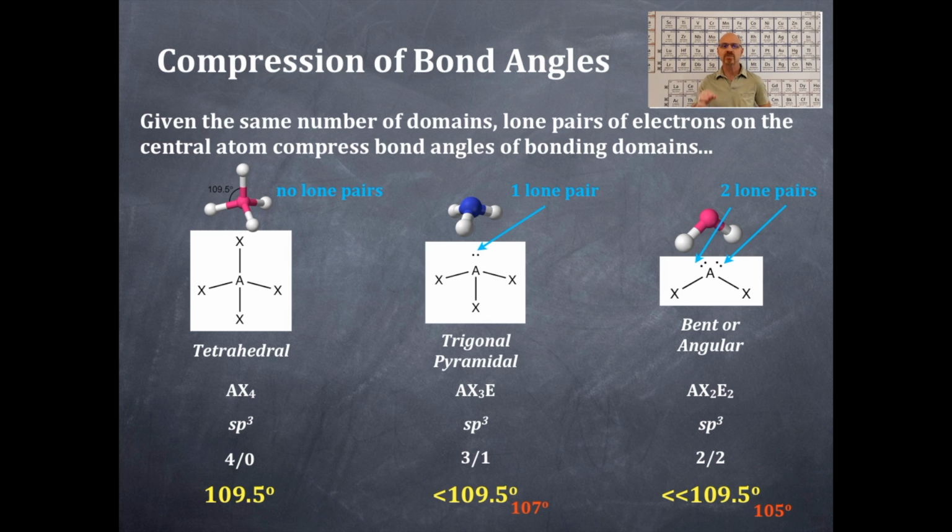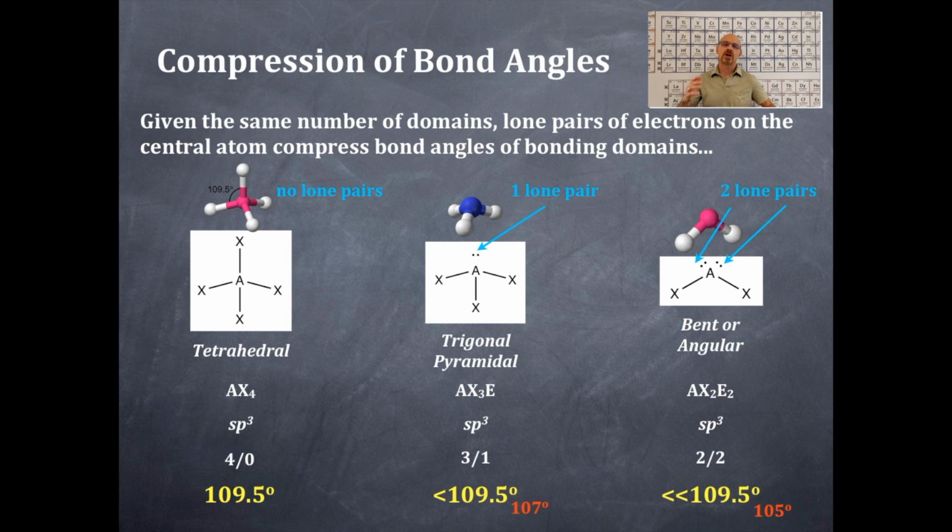The one on the far right, which is bent or angular, has less than 109.5. So it's certainly less than the 107, and therefore it's 105. Water's bond angle between the 2 bonding regions is 104.5, and we round it to a whole number as 105.